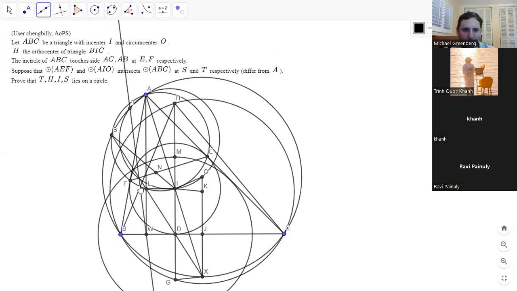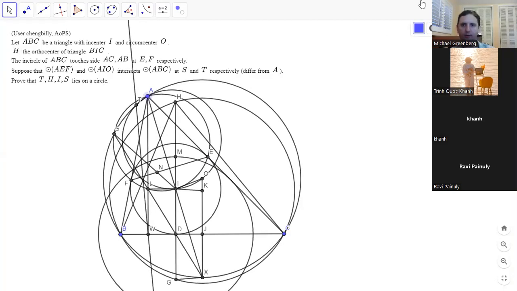Does TW intersect on this circle? No, it's just a coincidence.